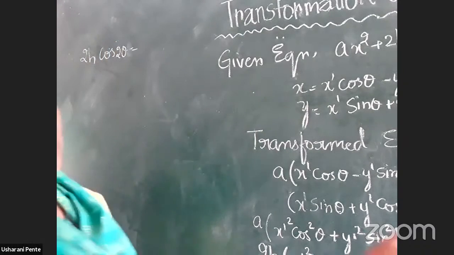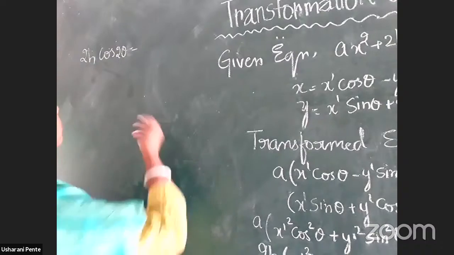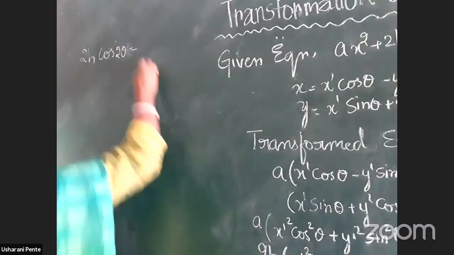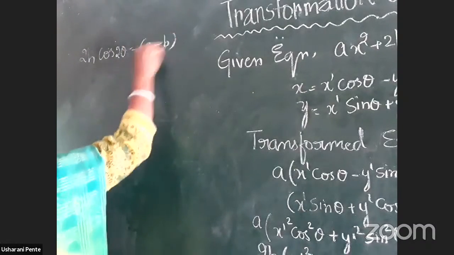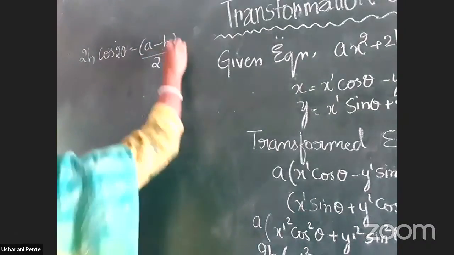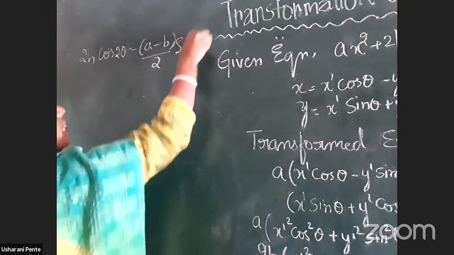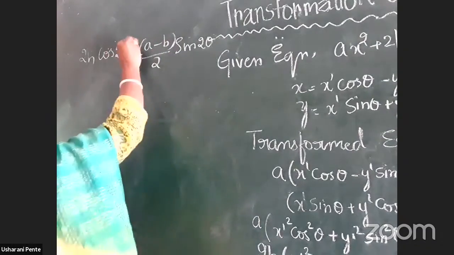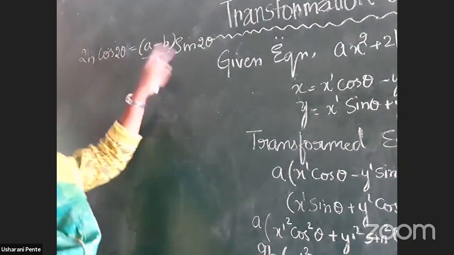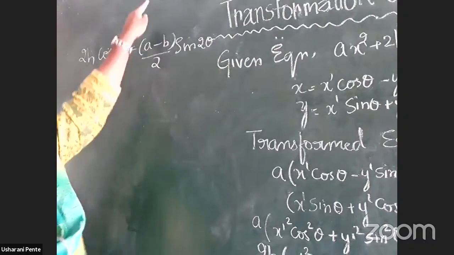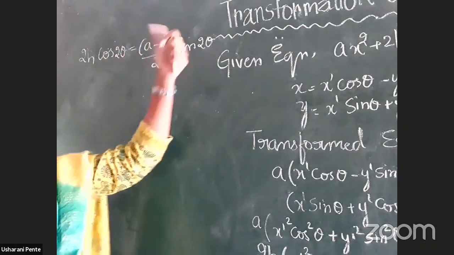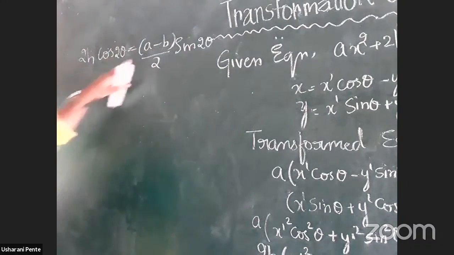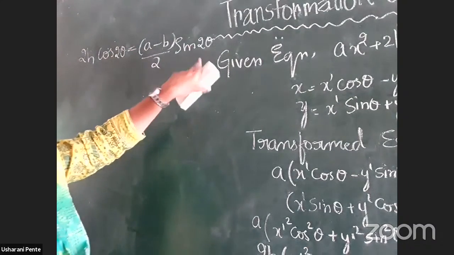If I send that b minus a to the other side, I'll get a minus b by 2 sin 2 theta. When we shift the terms, the signs will get changed, and instead of b minus a, we'll get a minus b. So we are writing a minus b by 2 into sin 2 theta.